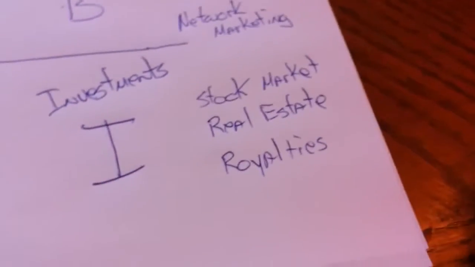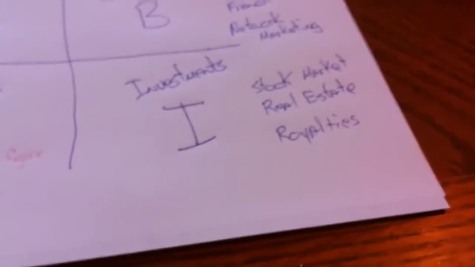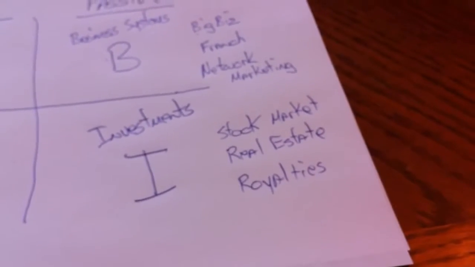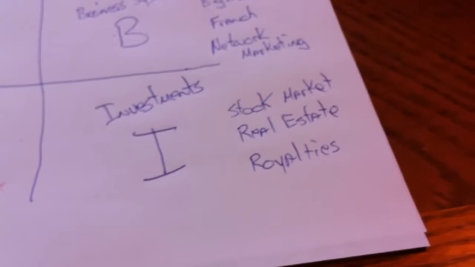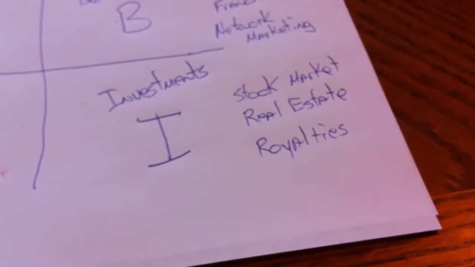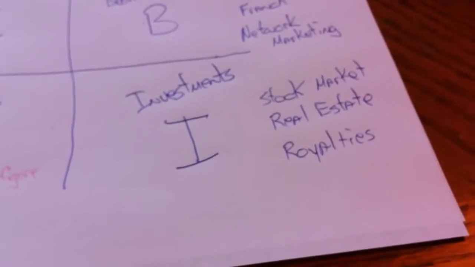Most people think they know about the stock market and real estate, so I'll talk about royalties and then I'll work backwards. Royalties are like if you're an actor or actress, or if you write a book, or if you develop something or patent something, those become items that pay a passive income through royalties. So, for example, I just happen to have one right here on the table. A book.